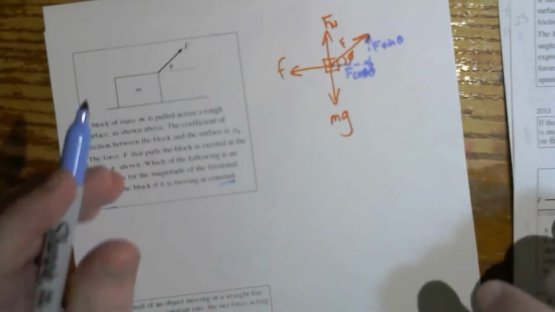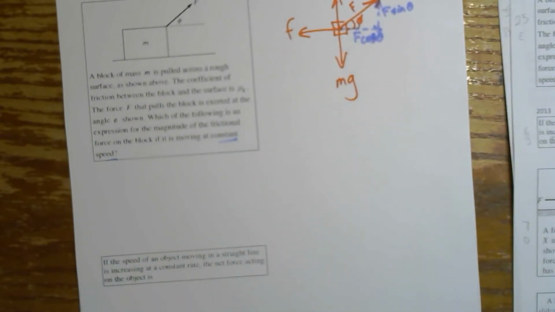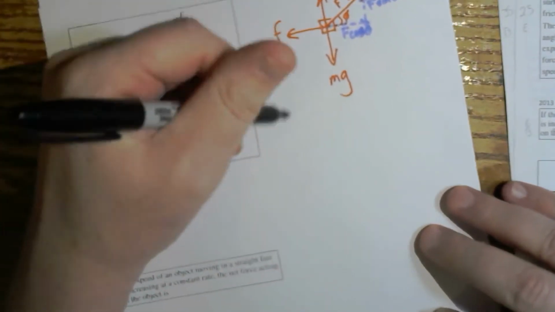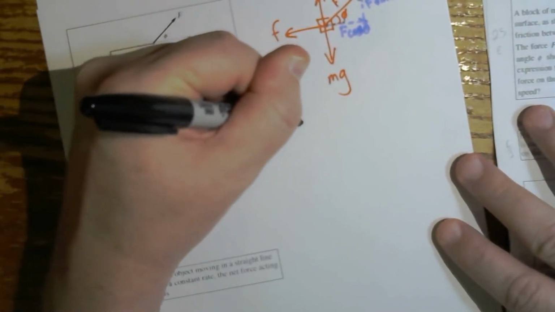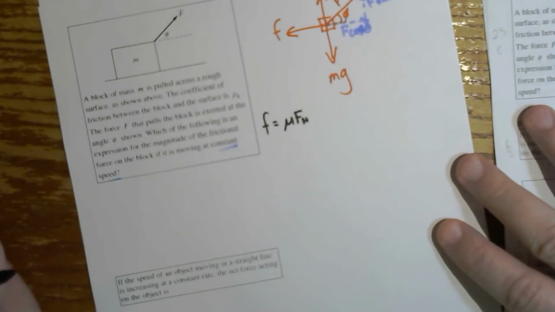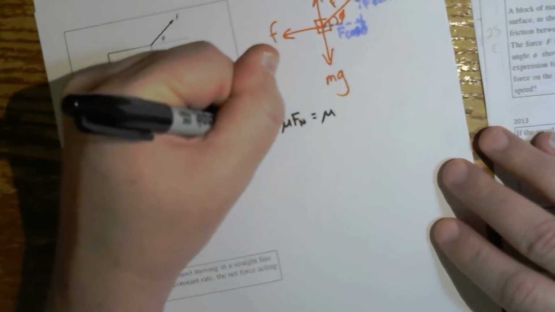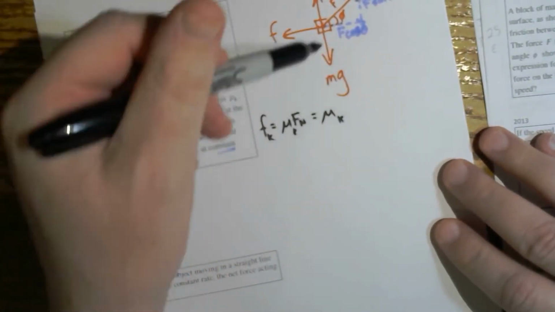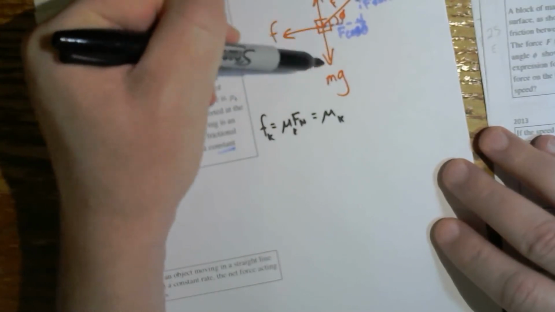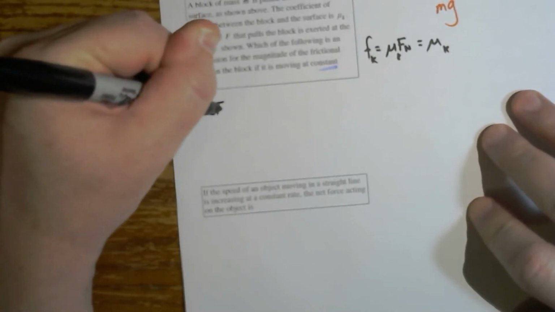All right. So let's do this. We need to find an expression for friction, first of all. So friction is mu Fn. Now, they give us mu k because this is a kinetic friction, mu k. But they don't give us the normal force. Well, the normal force is not the same as the force of gravity. If I were to say, what's the net force in the y direction?